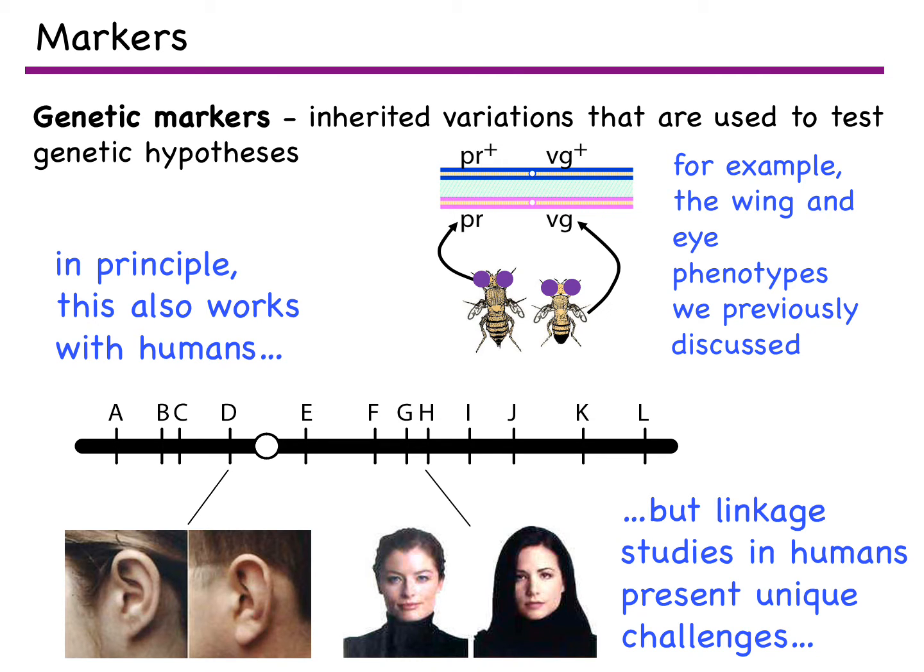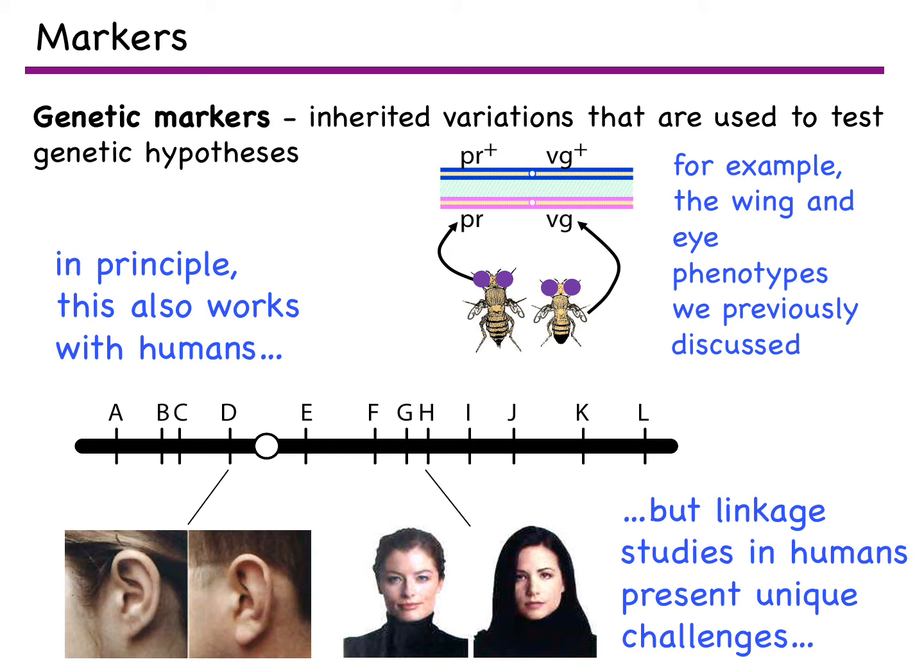But the problem with this in humans is that it poses some serious challenges. One of the challenges is that there are a number of these traits, but they're actually relatively limited. The genes for them are not scattered all over the genome. There's a fairly limited set of them.